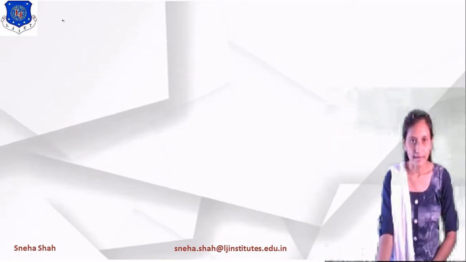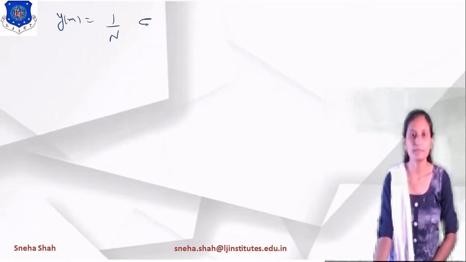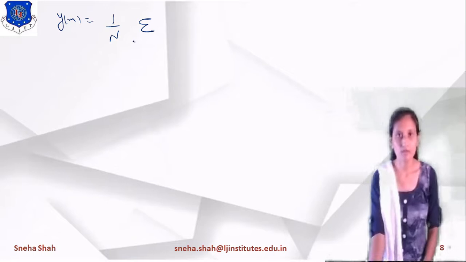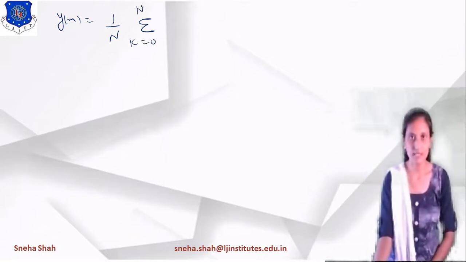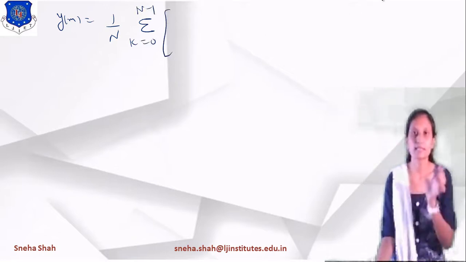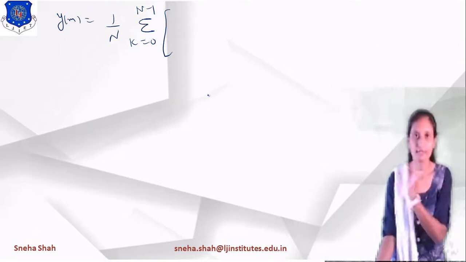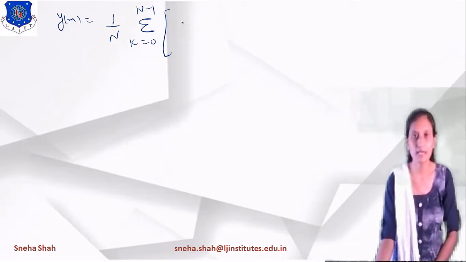Then the value of y of m equals 1 upon N summation k equals 0 to N minus 1. Instead of this, we put X1 of k and X2 of k. So what is the value of X1 of k?